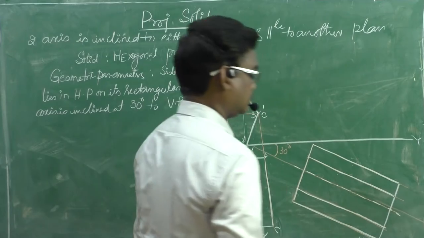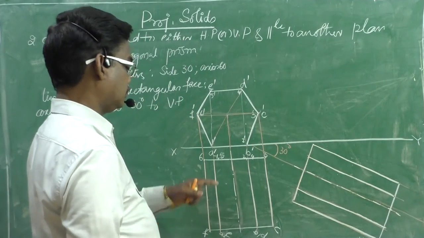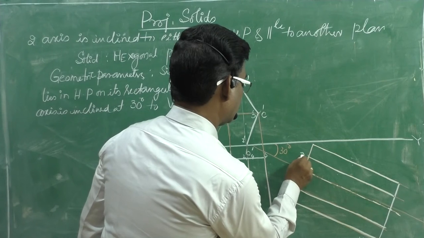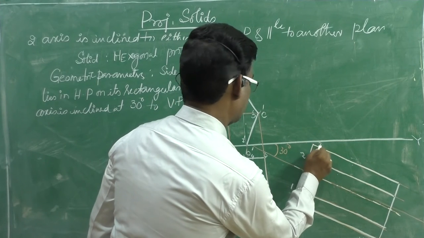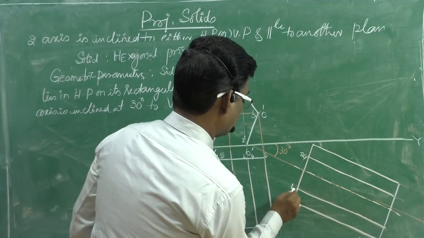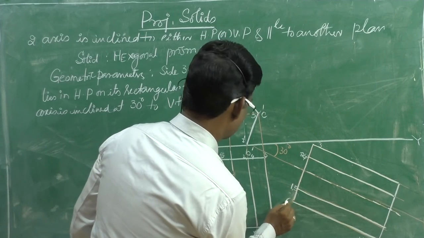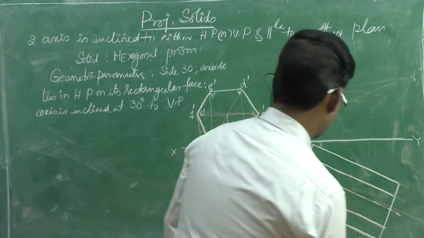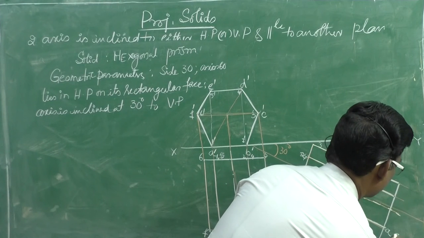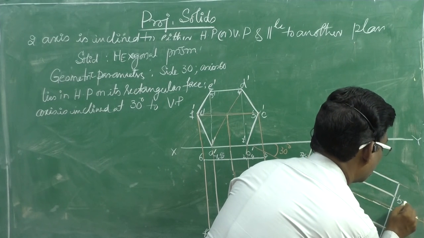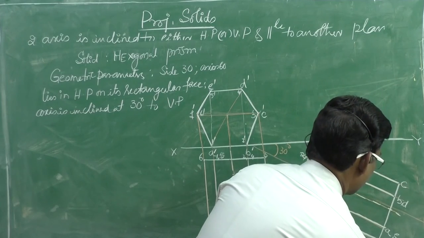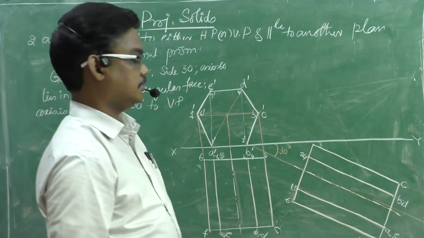Right. Okay. Now give the numbering as usual. This is 1, 2, 3, 4, 5 and 6. Next this is A, comma E, B, comma D. This is C and this is F. Okay?